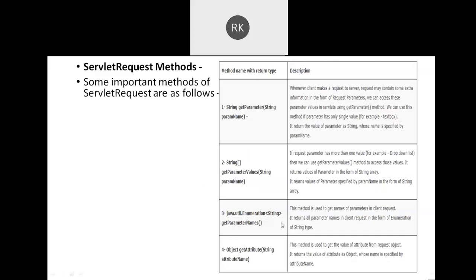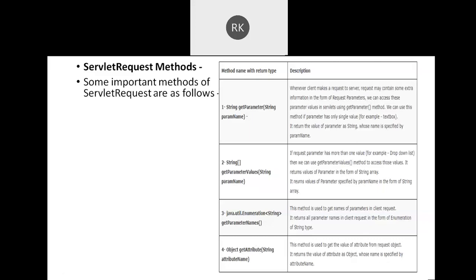You can make use of this method getParameterNames, and it will return you all the names in the form of an Enumeration of String type. Enumeration is a collection of some constants, here a collection of string constants. And how can we iterate over an enumeration? There is a standard way to do that using a loop. We'll see that in the example.